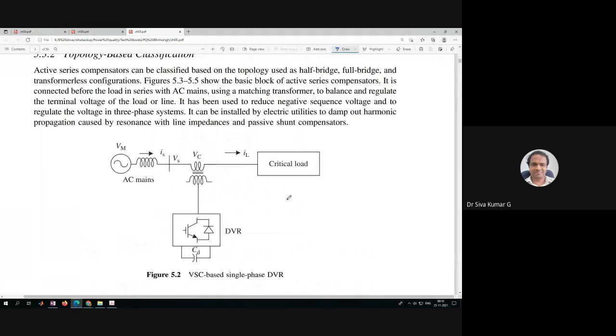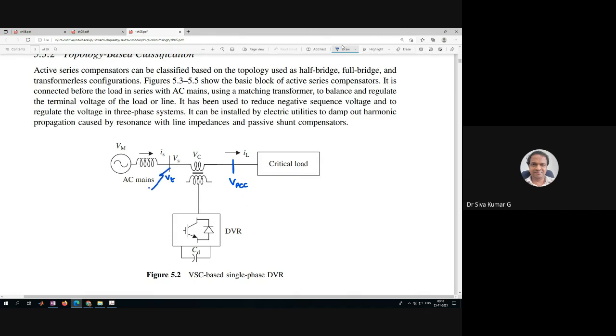This is the point which is of VPCC. This is about what we discussed. It is at Vt.